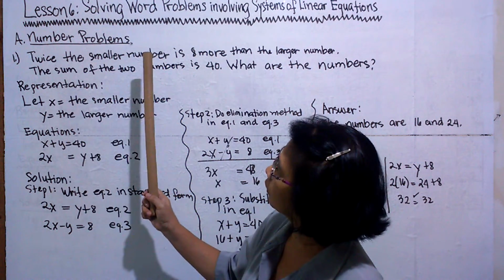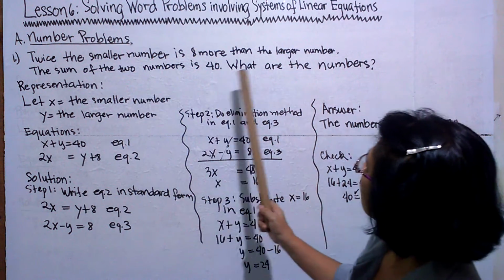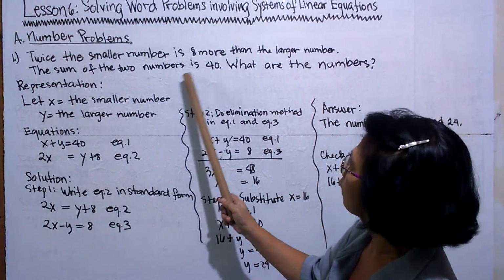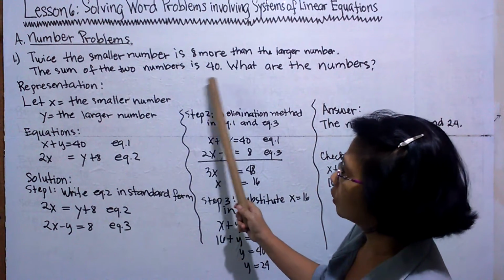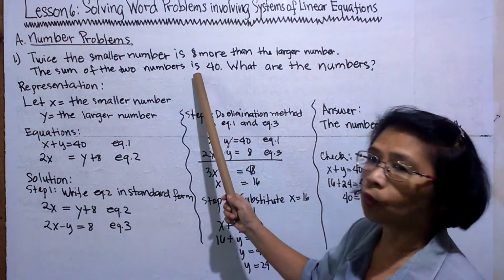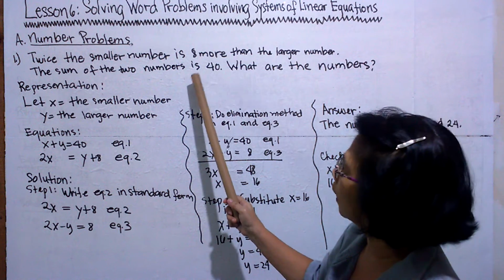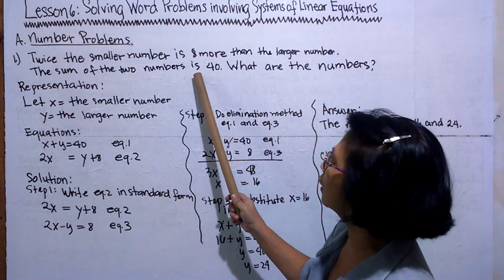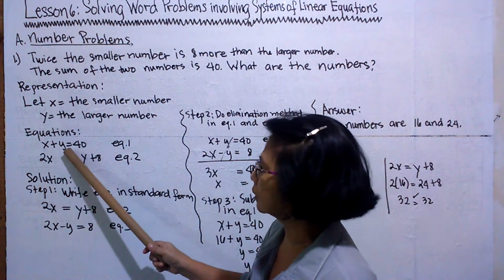Going back to the word problem, the sum of the two numbers is 40. From this statement, we can form one equation. I would like you to remember that the word "is" means equals.